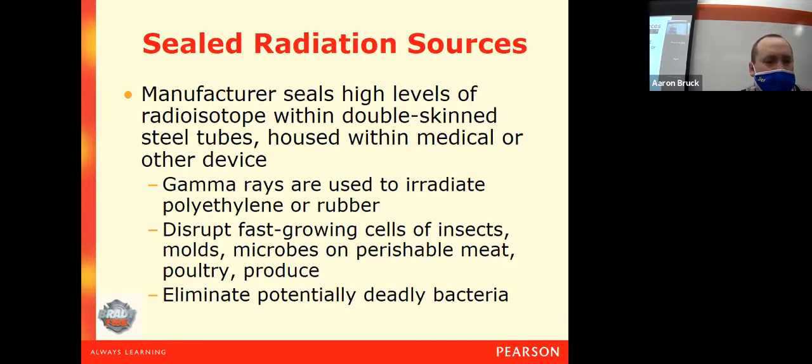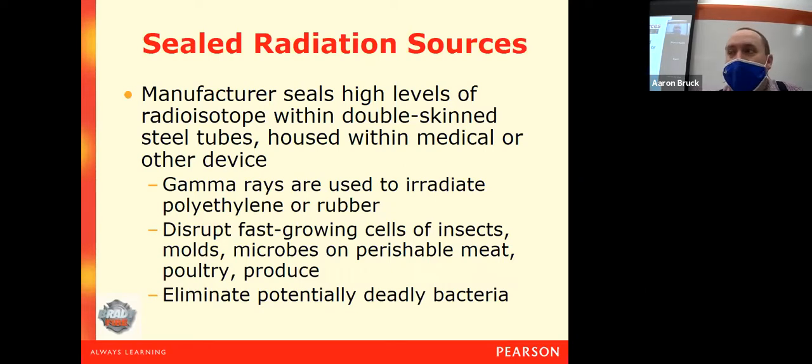So plastics and rubbers are irradiated using gamma rays. Primary reason for this? Well, it has the same effect on insects and microbes as it has on us. If you're dealing with a population of pests, this can act as kind of like a pesticide of sorts, destroying insect cells, also killing funguses, molds, microbes.